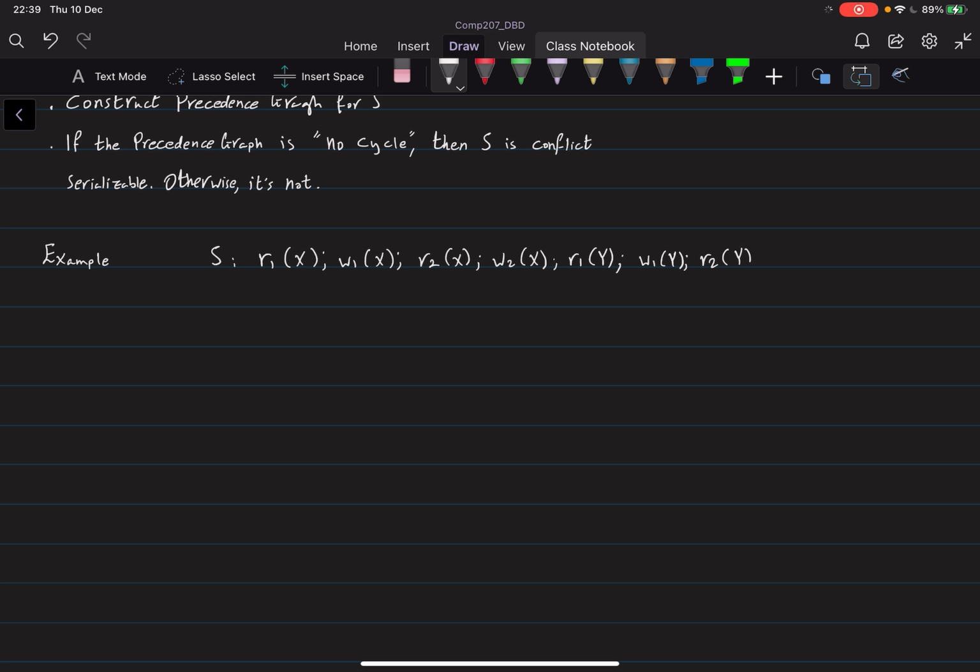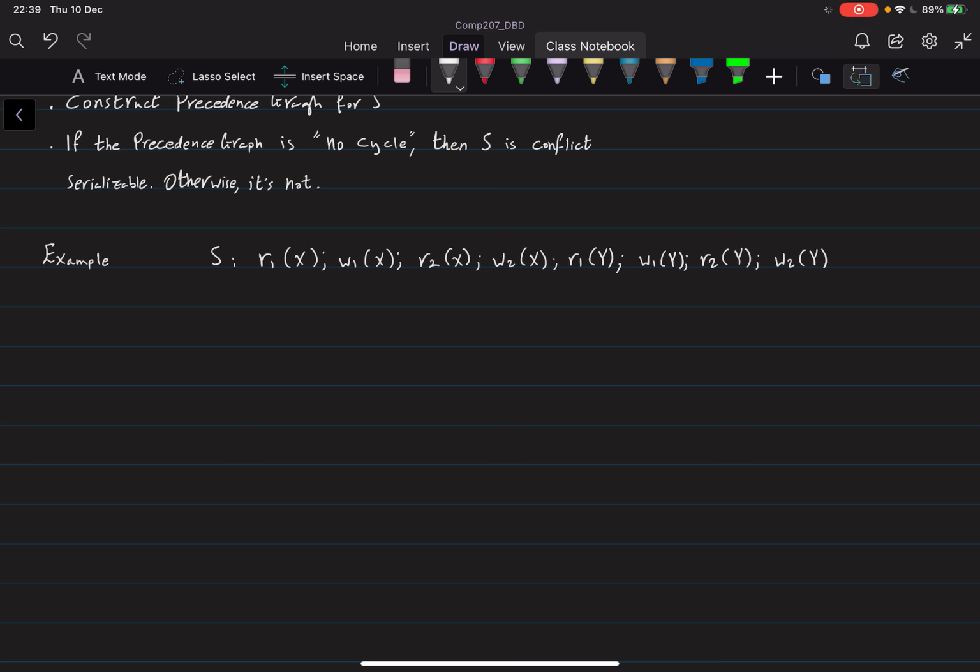Just to make it easy to understand, we have it like this. We start reading and writing on X, then we end with reading and writing on Y, as you probably see.